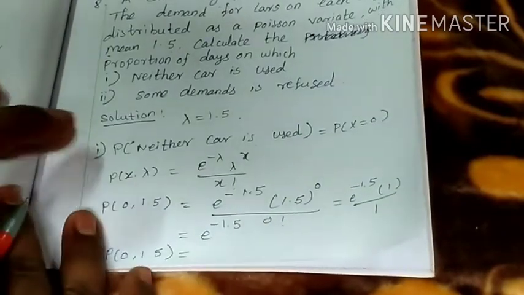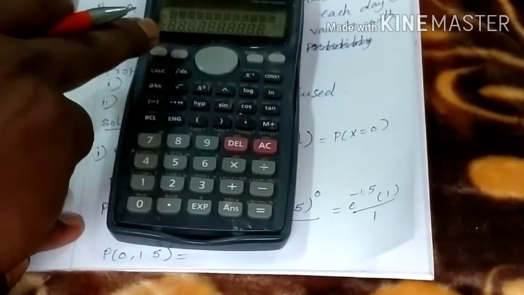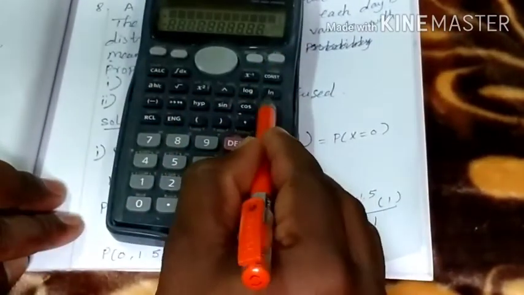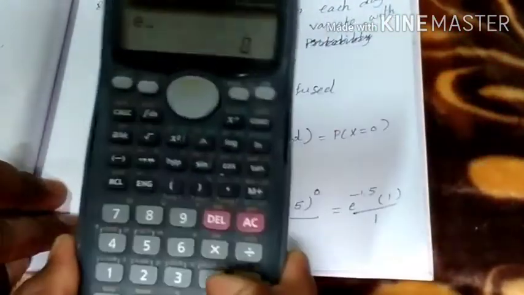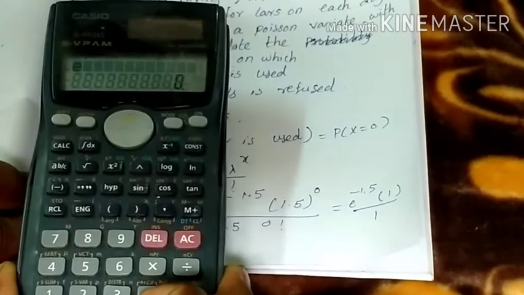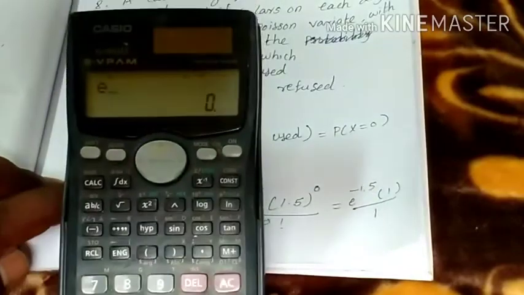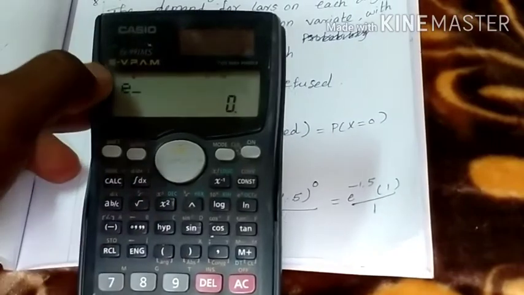So take your scientific calculator. Press the shift button, then identify the e power x value, which is the ln button. Press shift then the ln button, and we get e.